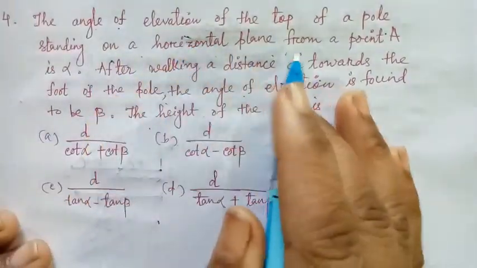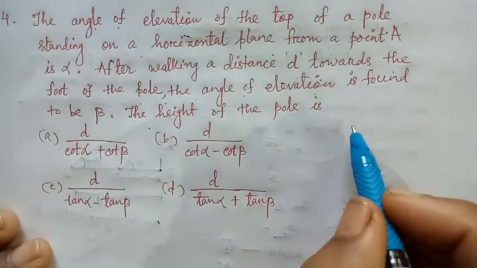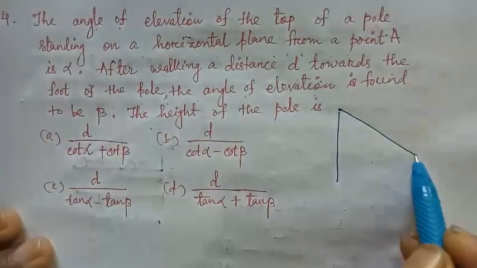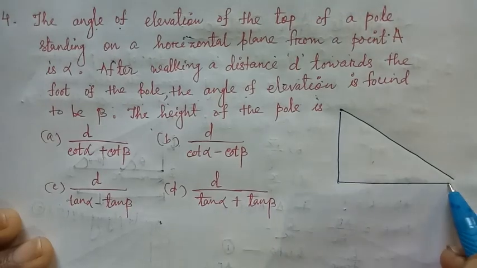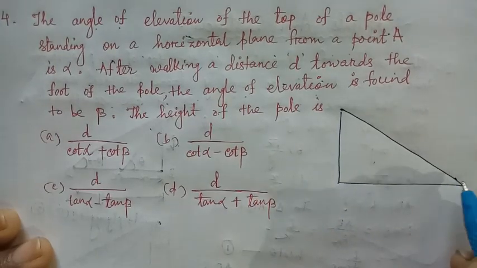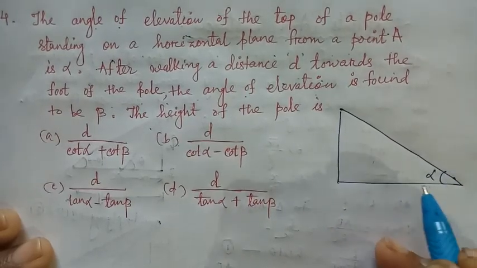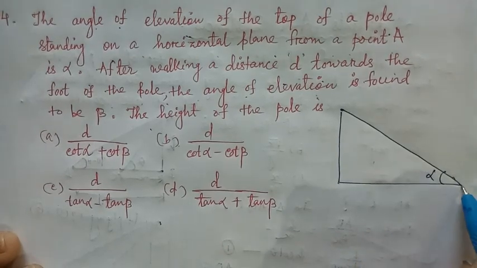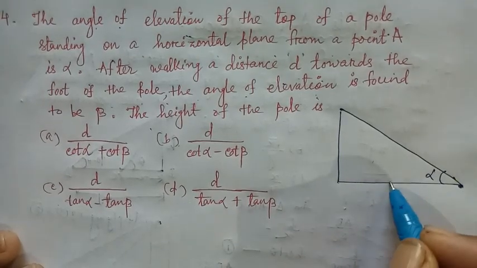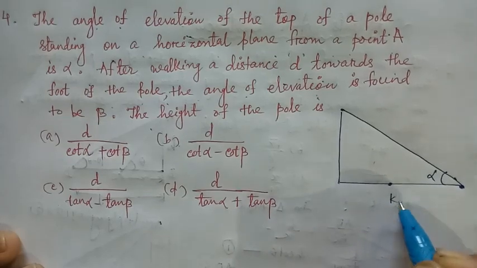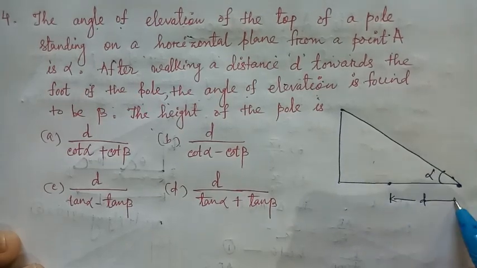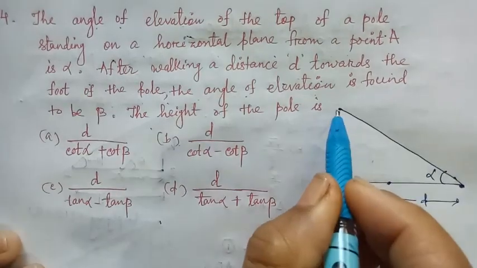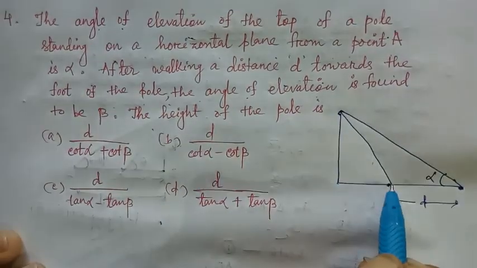The angle of elevation of the top of a pole at a point A. This is a pole, at a point A angle of elevation is how much? It is alpha. After walking a distance d towards the foot of the pole, from here it walks a distance d towards the foot of the pole, and at this point angle of elevation is how much?